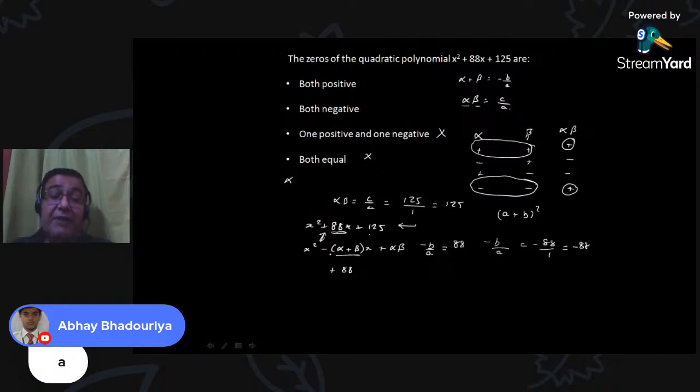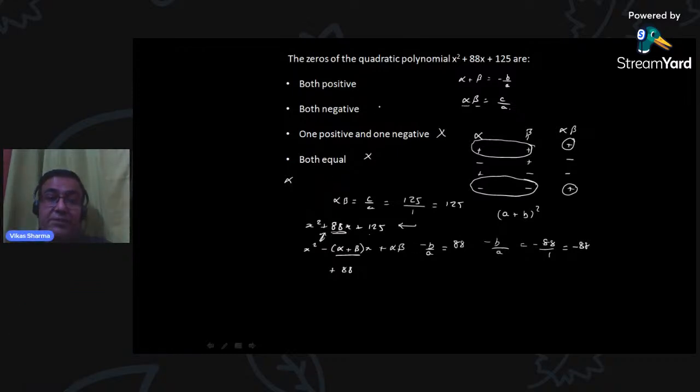But alpha and beta as a whole should be negative, then only it will become plus 88x. Therefore, we can say that in this case both should be negative, because the sum of the two roots will become negative and the negative of the sum of the roots will give us a positive 88.